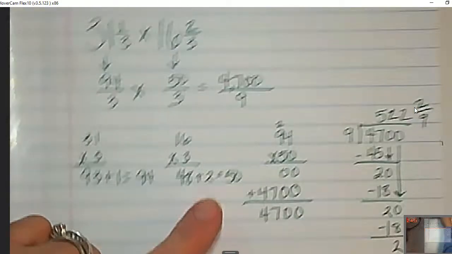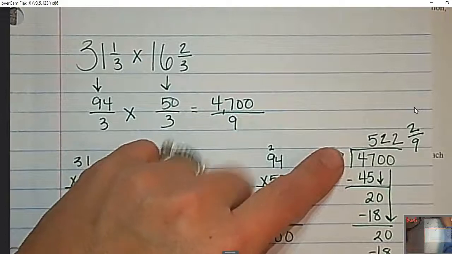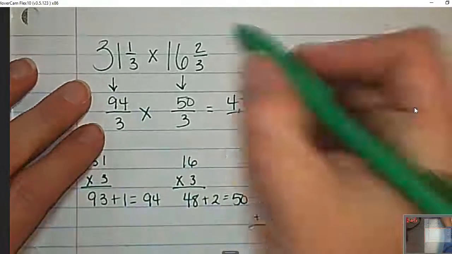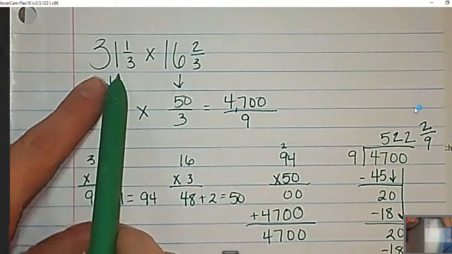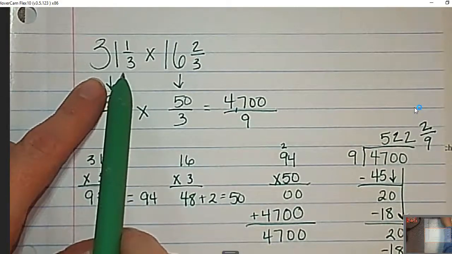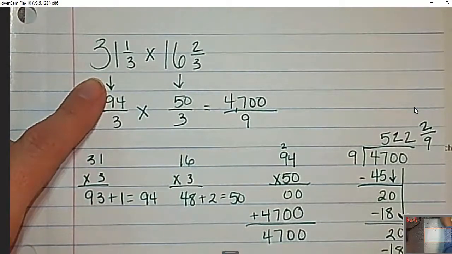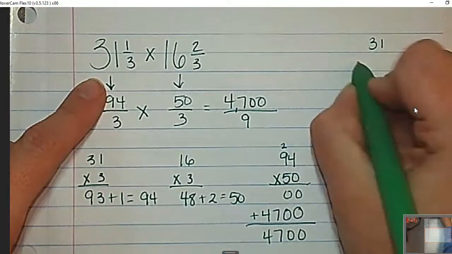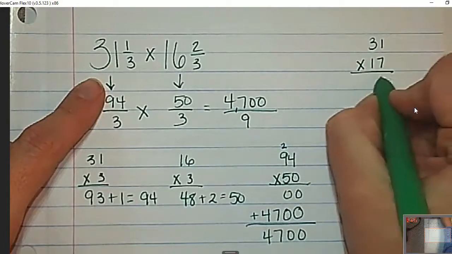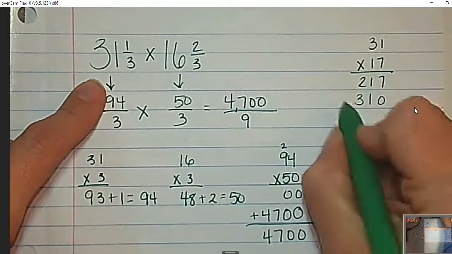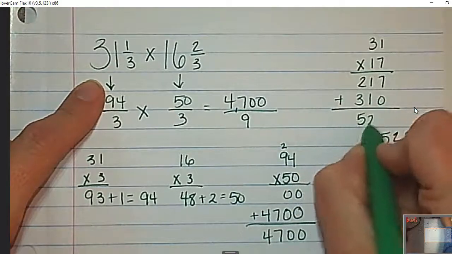No. Can I check to see if my answer is reasonable? What can I do to check to see if my answer is reasonable? Well, guys, I'm going to go back and say, okay, 31 1/3 is close to 31. And then 16 2/3 is closer to 17. So I'm going to come up here and do 31 times 17. And when I add that up, I get 527.